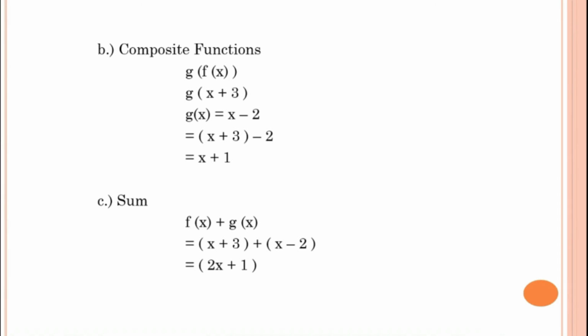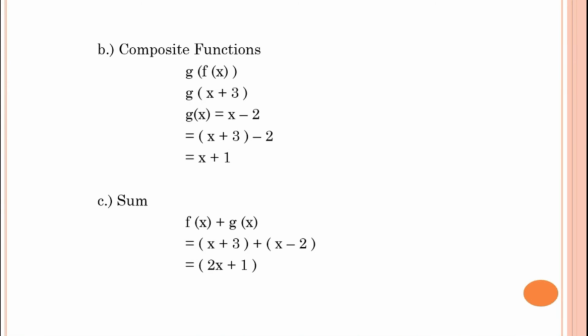For the next part of the problem, we need to use the four basic function operations in order to solve it. In order to get the sum of f of x plus g of x, we are just going to substitute its values, and it will result in x plus 3 plus x minus 2.